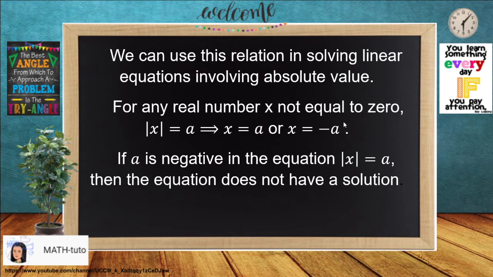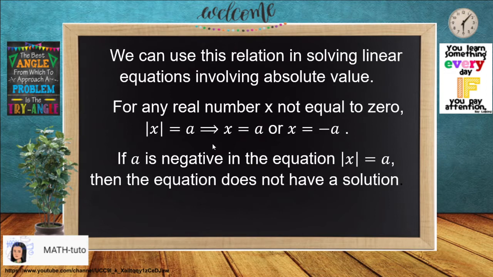Okay. So we can see here that if x is any real number, there are two possible values for x in the equation absolute value of x equal to a. One is positive a and the other is negative a. Now, it is written here not equal to 0. Of course, because if x is equal to 0, then the answer will be 0.